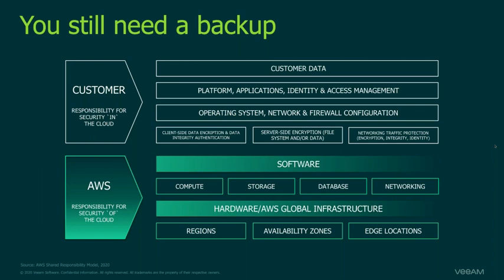It is still their data, it is still their responsibility to protect it. And similar to Microsoft, if you start to use other abstracted services like Amazon RDS or Redshift, AWS will assume more responsibility, but not all of it.